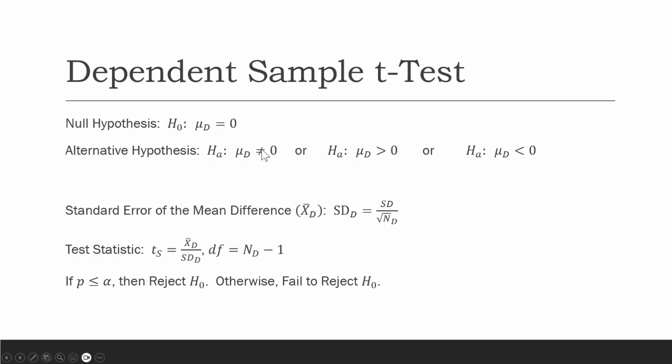If our alternative hypothesis is non-directional, we get the area under the curve on both tails of that distribution. If our alternative hypothesis is greater than, it's going to be a right-tailed p-value, and if our alternative hypothesis is less than, then we're going to have a left-tailed p-value. If our p-value is less than or equal to alpha, we reject H naught. Otherwise, we're going to fail to reject the null.